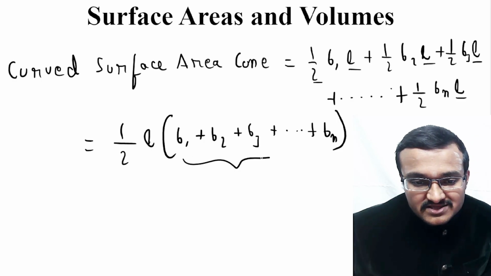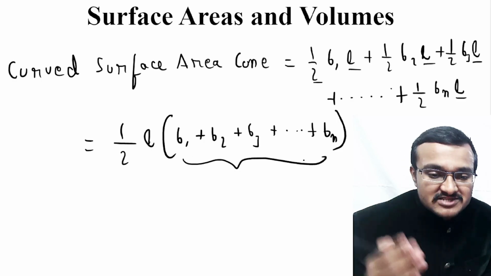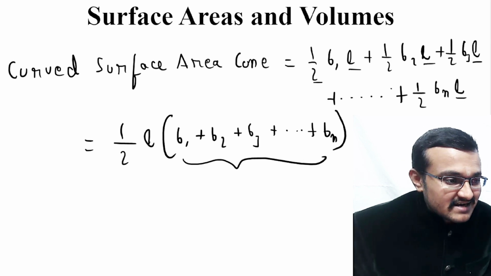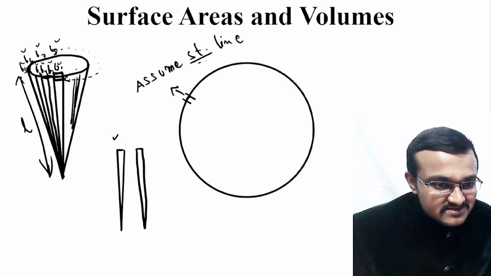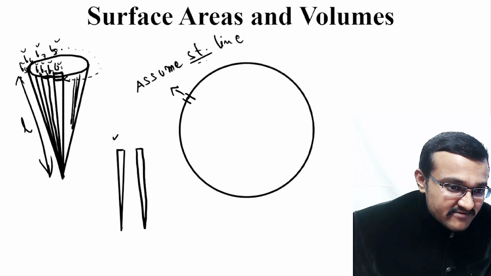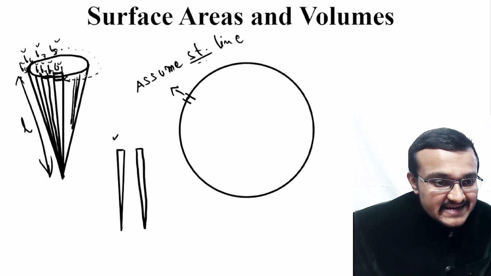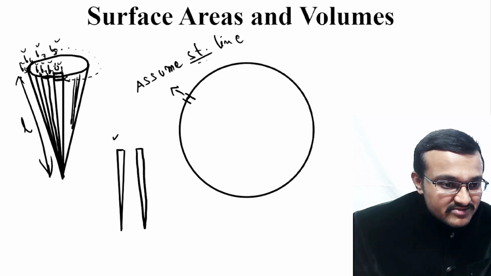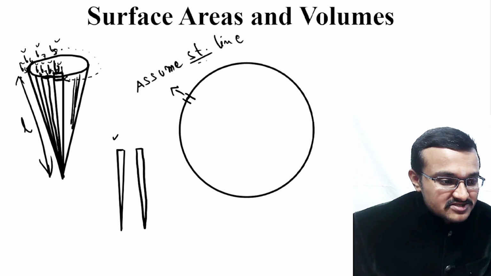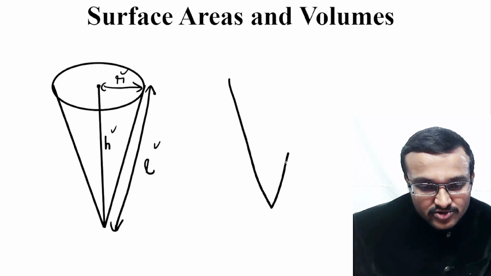Now what is the value of this B1 plus B2 plus B3 plus up to Bn? In order to calculate that, we have to revisit this image. Here you can see, starting from B1, it is ending again at B1. I'll just write this diagram one more time.